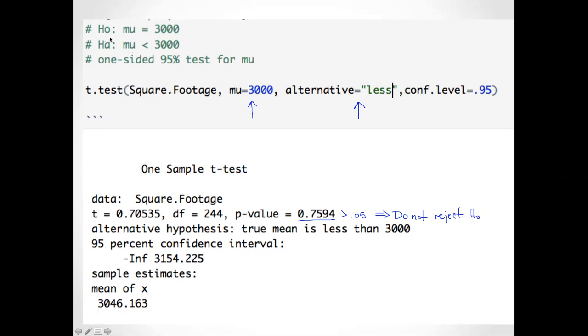So effectively, we have not found evidence to reject this notion, so it is plausible that mu is roughly 3,000 square feet. Notice on the bottom of the screen, it actually gives you the average of the sample. We have 3,046 square feet approximately.